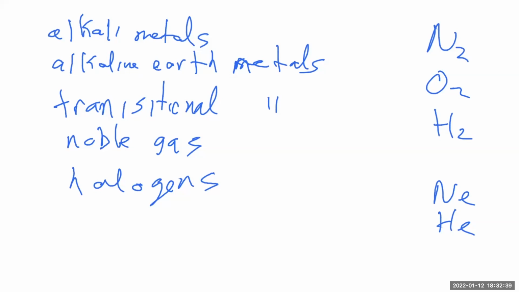So all the families, or all the columns, react the same way. They either donate or accept electrons. So the reaction is going to be similar. If you look at magnesium, it is going to react in the body the same way as calcium does. Lithium, sodium, potassium, those all act the same.